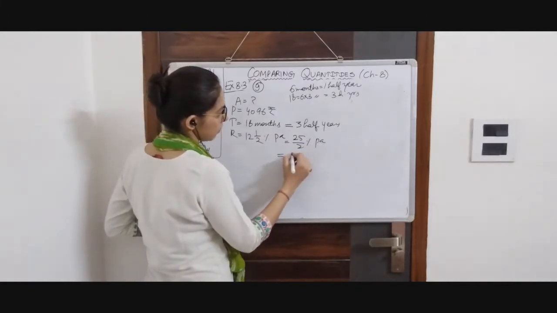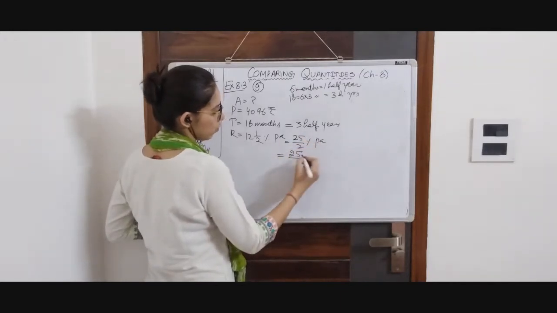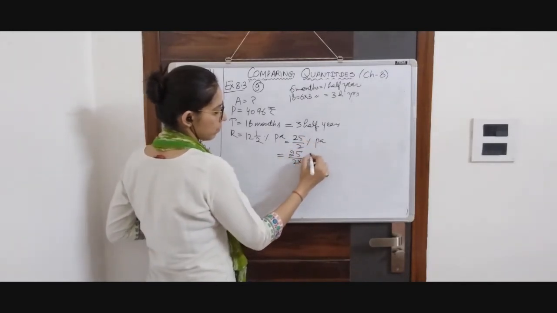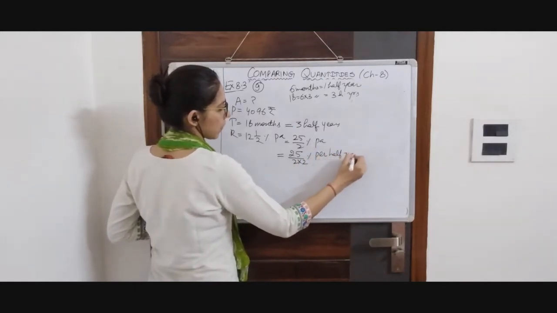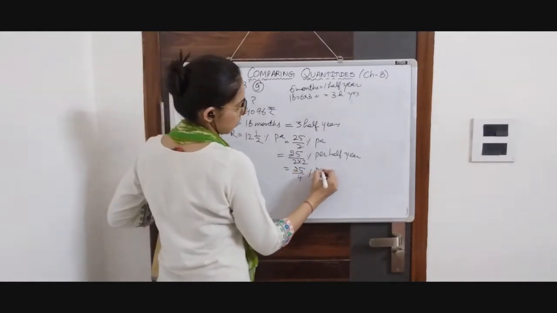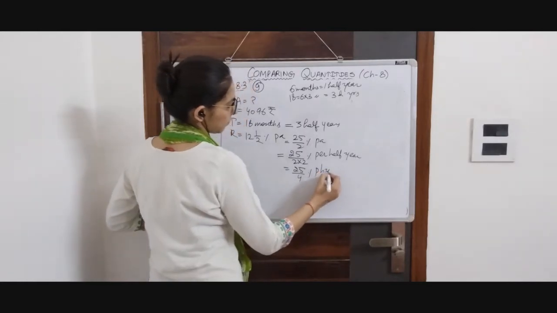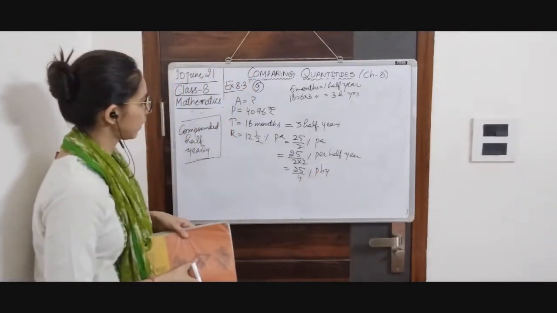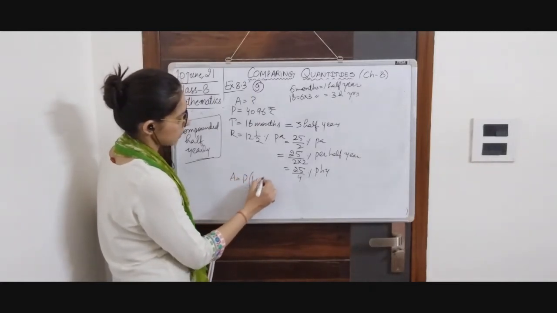For half year, we will divide this rate by 2. It will be 25 by 4% per half year.